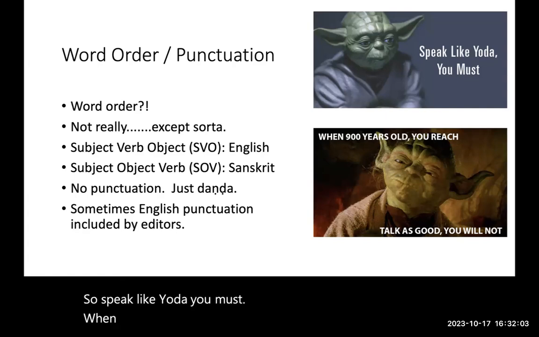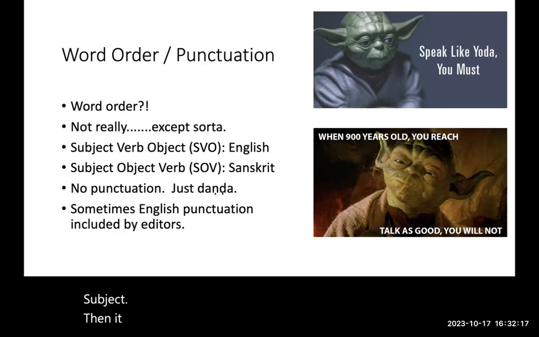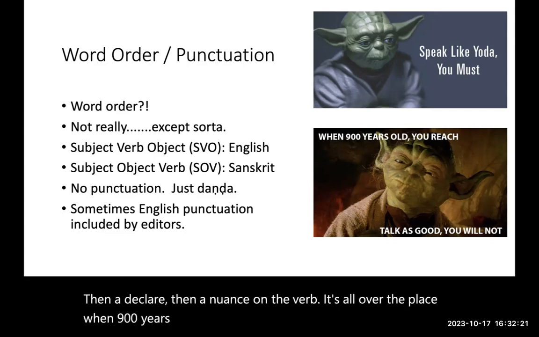When 900 years old you reach, talk as good you will not. Notice, speak like Yoda, you must. There we have verb, subject, then a nuance on the verb. It's all over the place. When 900 years old you reach, there's one clause or unit.